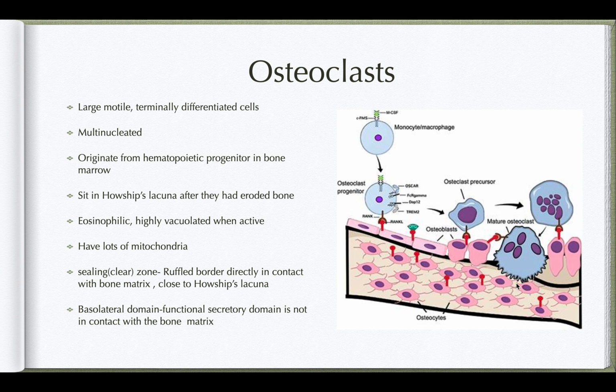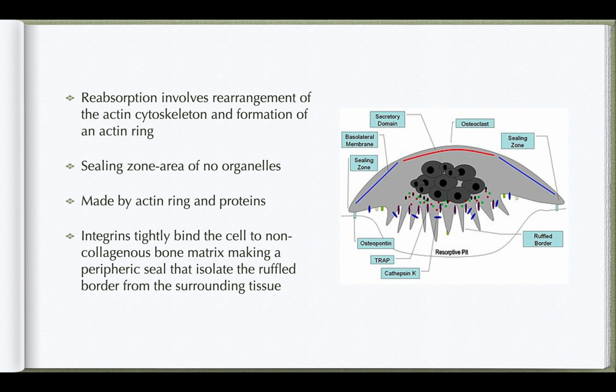Here's the Howship's lacuna. The basolateral domain is a functional secretory domain that is not in contact with the bone matrix. The resorption will involve the rearrangement of the actin cytoskeleton and the formation of an actin ring. The sealing zone is an area of no organelles and is made of the actin ring and proteins. Here's the sealing zone.